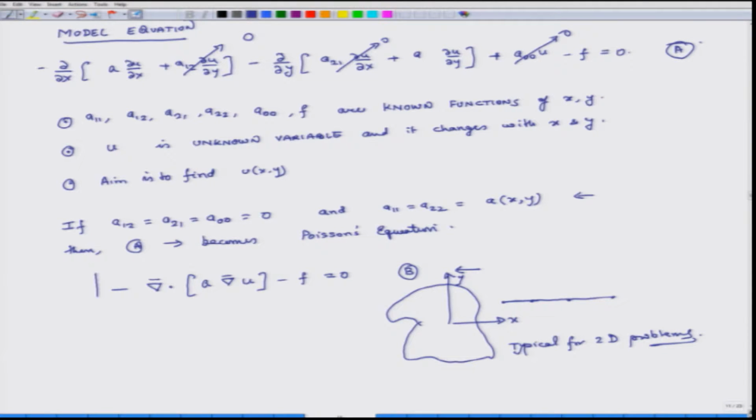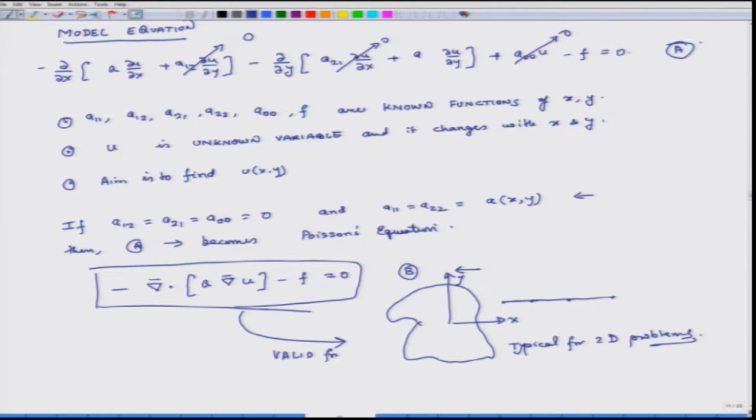So this equation is valid for this domain, in 2 dimensions and 3 dimensions, and we can also use it in 1 dimension. This symbol is used for domain.